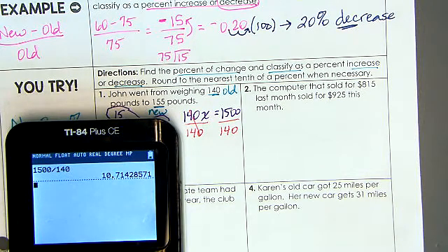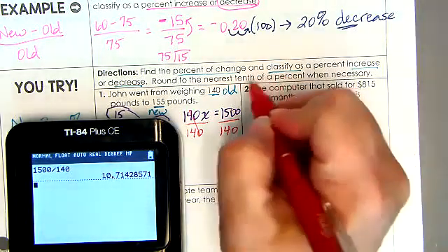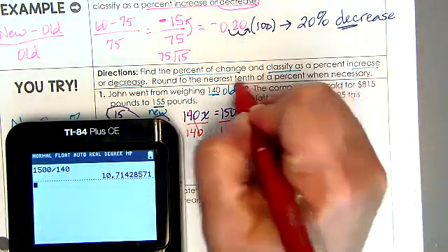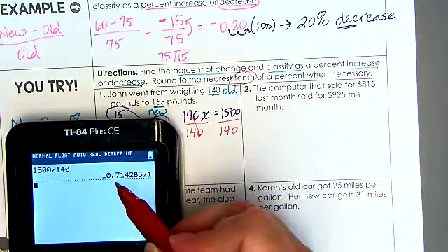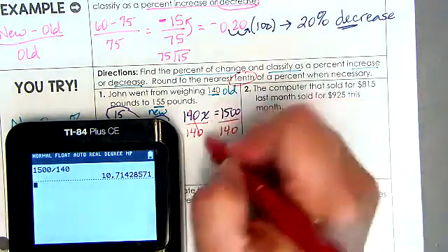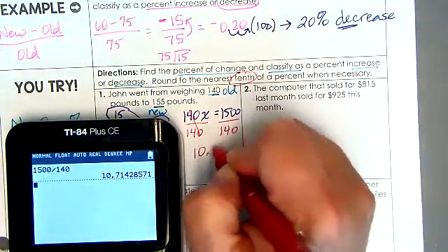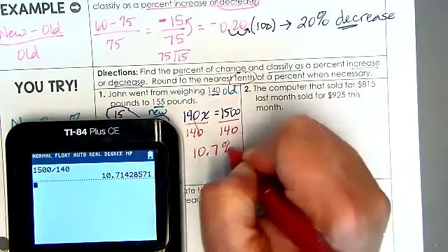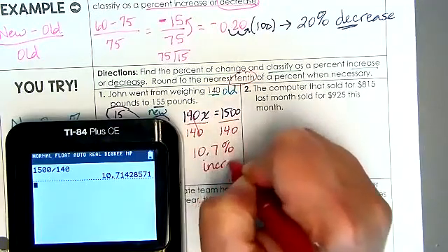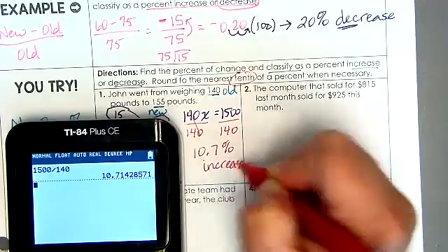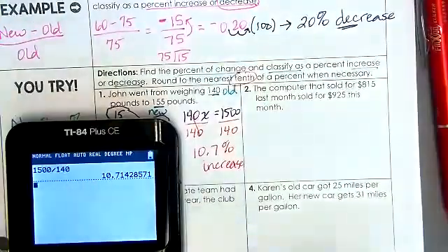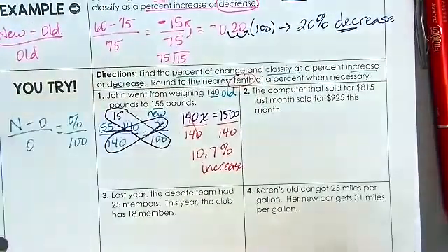Well, this is where I round to the nearest tenth, which means it's going to be 10.7% increase.